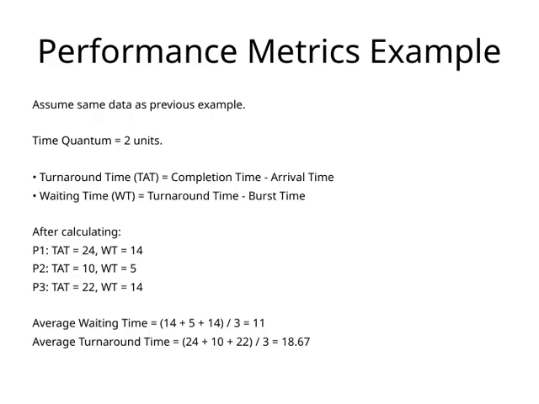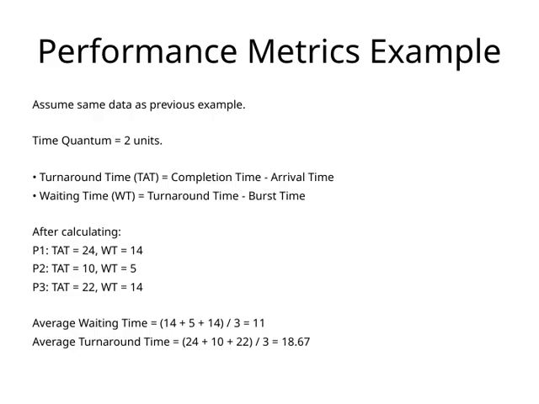Looking at the calculated values, Process 1 has a TAT of 24 and a WT of 14. Process 2's TAT is 10 with a WT of 5. And Process 3 has a TAT of 22 and a WT of 14. Now, to get a sense of overall performance, we calculate the average waiting time, which is the sum of all WT values divided by 3. That comes out to 11.